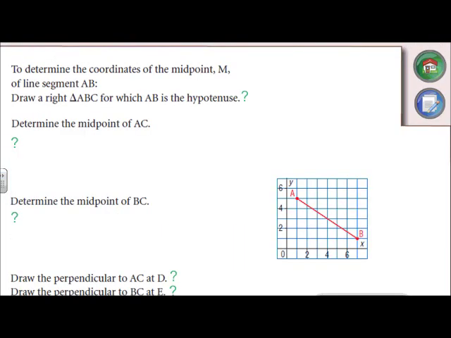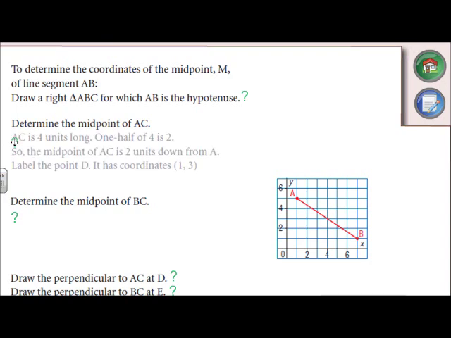Just going through this part here quickly, we can always find the midpoint between any 2 points. They're showing here one way of doing it, by first making a triangle, right?